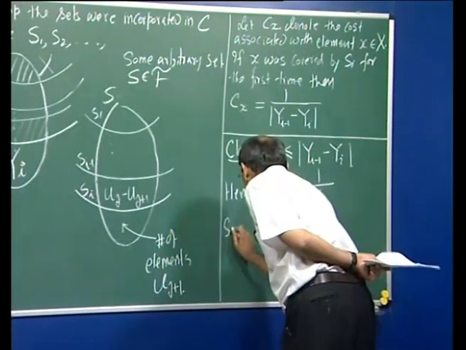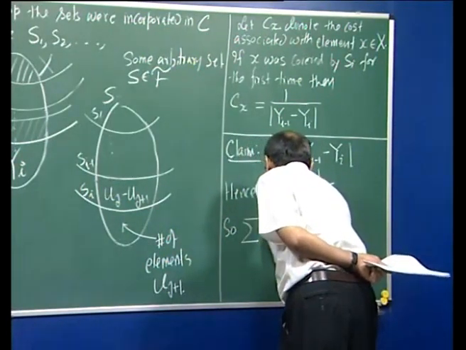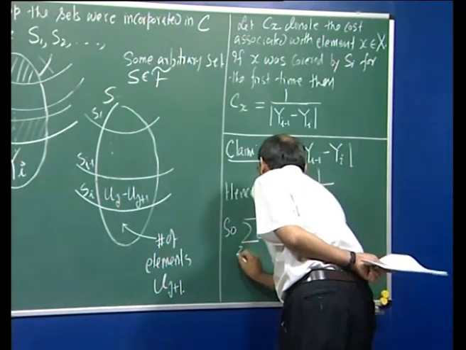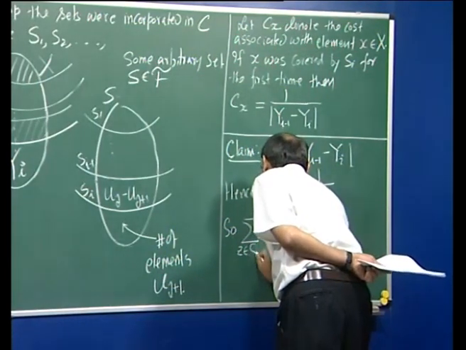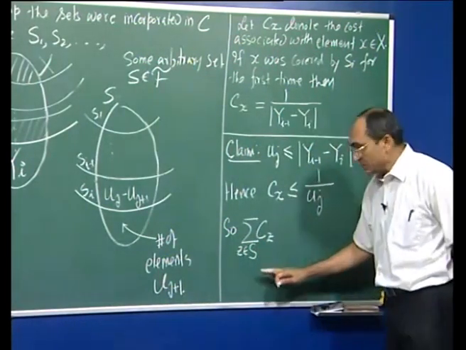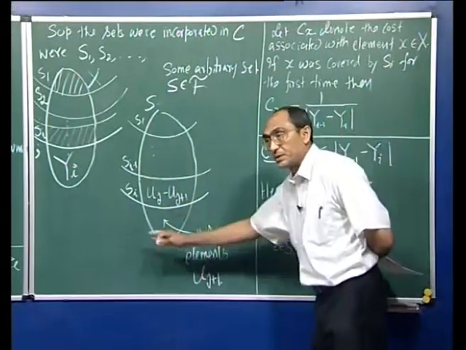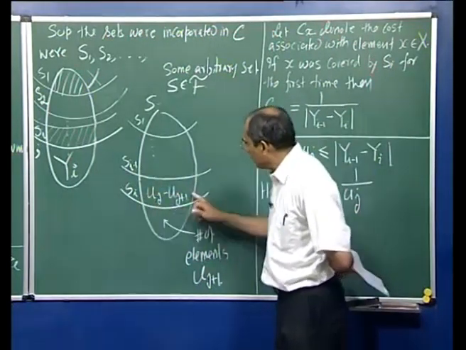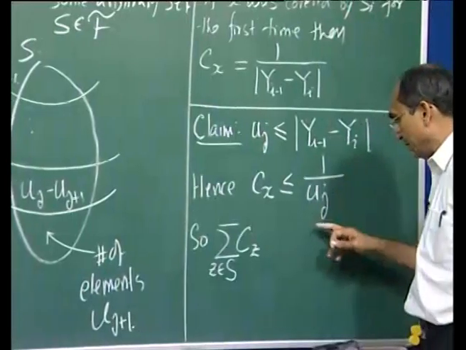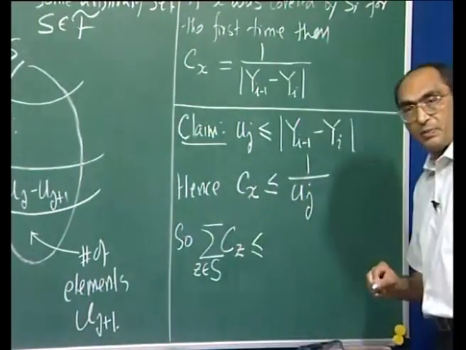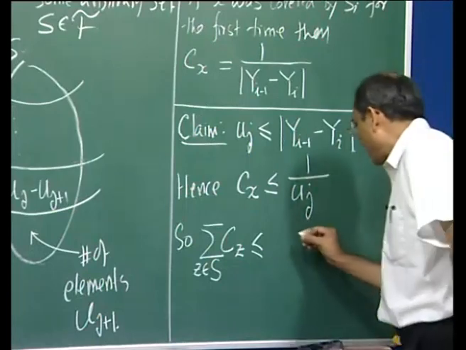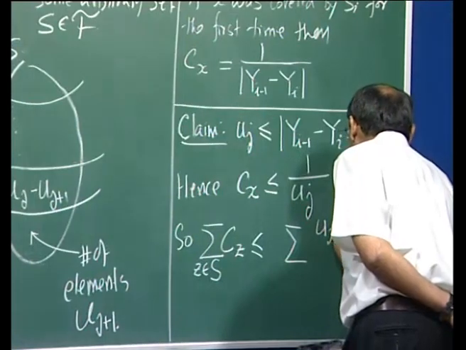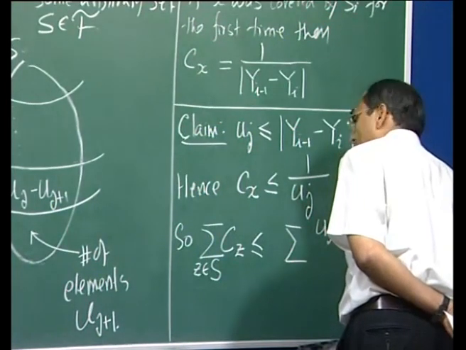So, sum Cz, where z belongs to set S. You mean the total cost of the elements of S. Well, this has to be this times this, as I am looking for the upper bound at best, and that makes it sum uj minus uj plus 1.